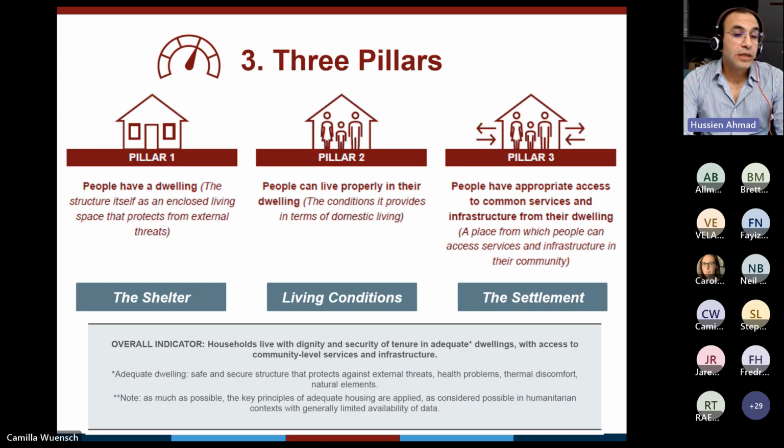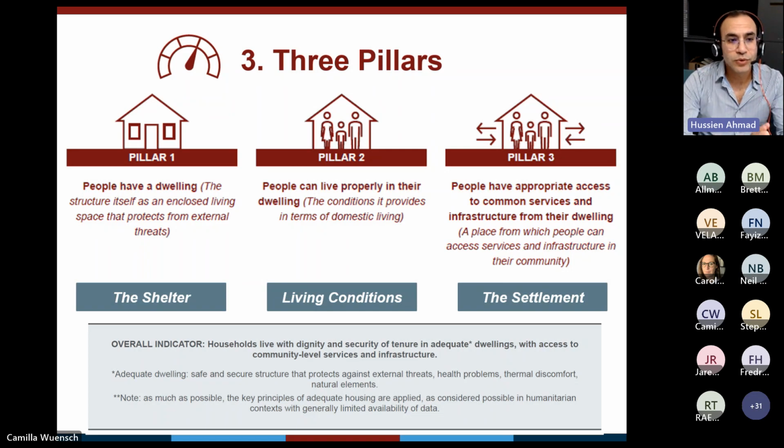So here are the three main pillars that I mentioned, and these are the keystone of this framework. Pillar 1: people have a dwelling, which is a structure where people can live inside and be protected from external threats, and which gives them the feeling of having a home. This is translated in technical language into the shelter itself.